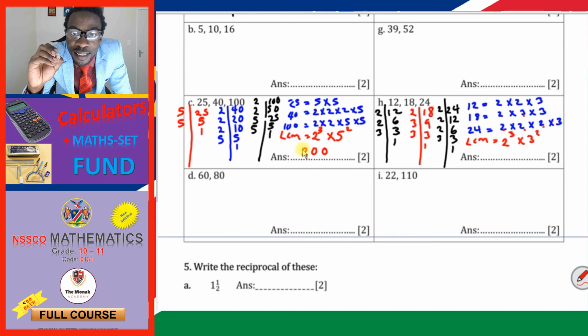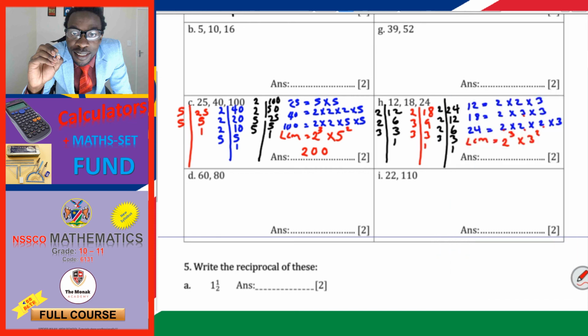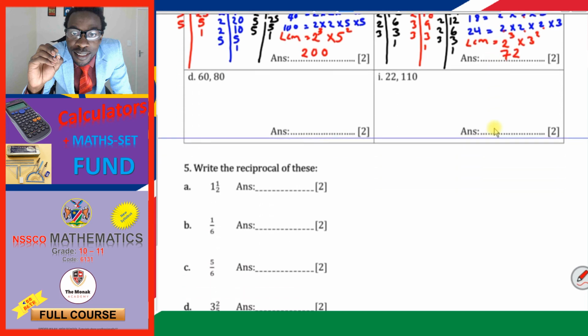So our final answer is 2 to the power 3 times 3 to the power 2. So it is 72. So your LCM is 72. Very easy stuff.